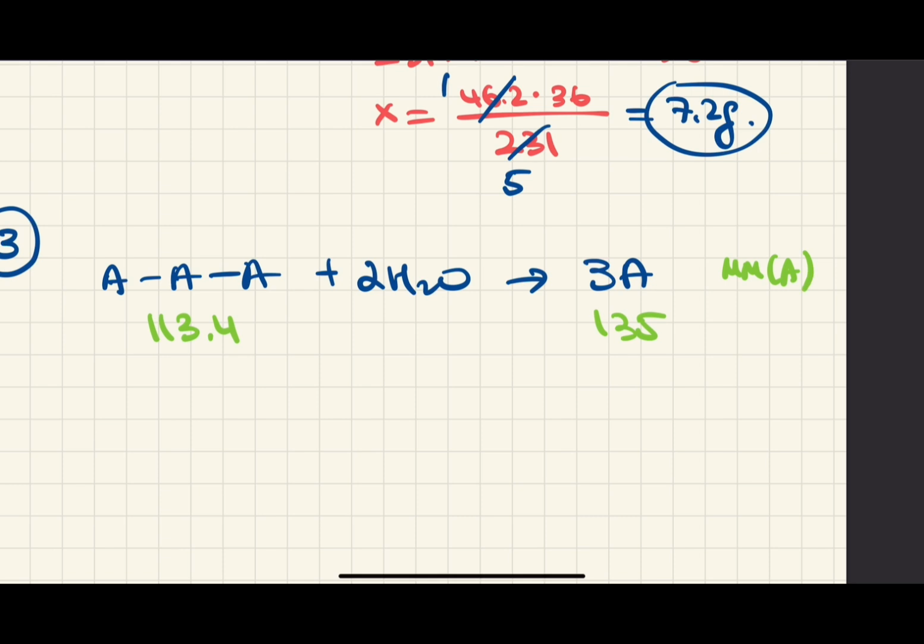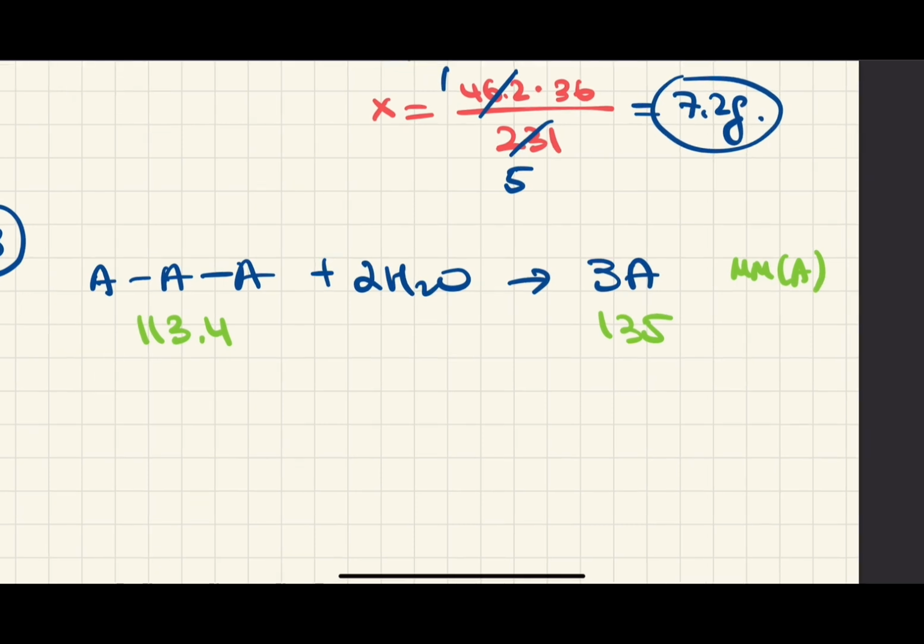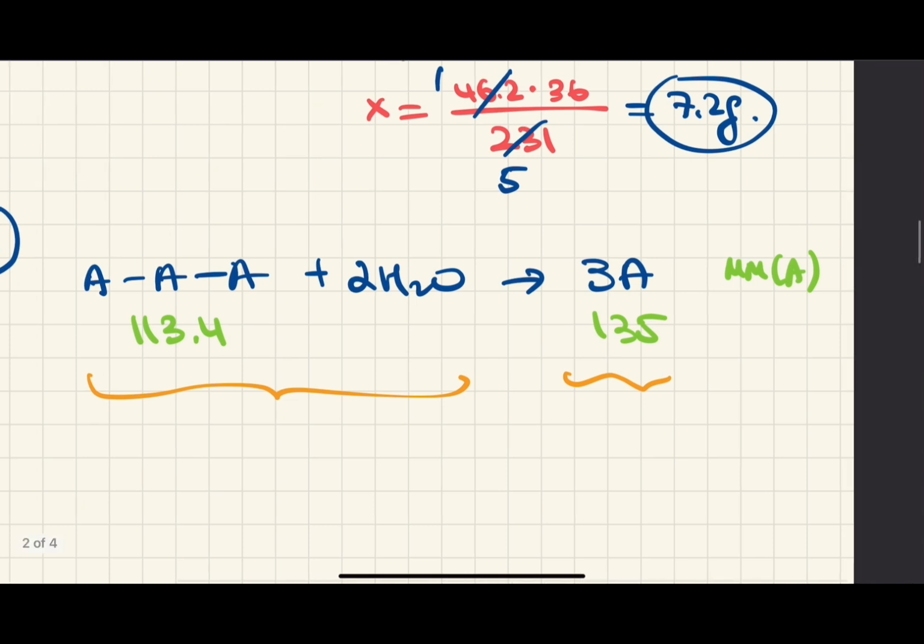So in this case we have 3 of the A's. So we know that according to mass balance, this side has to equal this side, right? So if we want to get the mass of the water for this specific case, it would be 135 minus 113.4. It would be 21.6 grams of water. So this is the one we have.